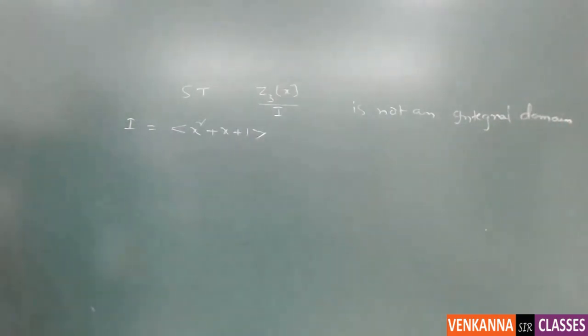So I have considered the quotient ring Z3[x]/I, and I want to show that it is not an integral domain, where the ideal I is the one generated by x square plus x plus 1. Please take a note of that.